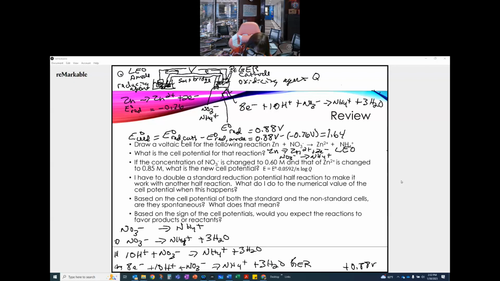And my Q is going to be equal to my products, which I see I have a product of NH4+ here at 3, H2O does not exist in there because it's a pure liquid. My product over here is my Zn2+.